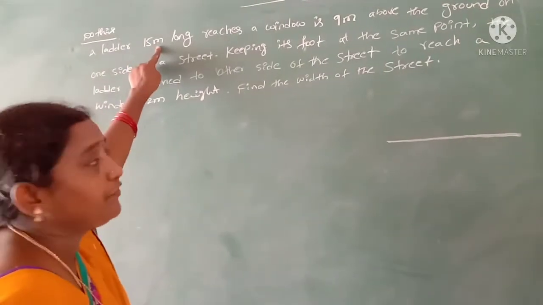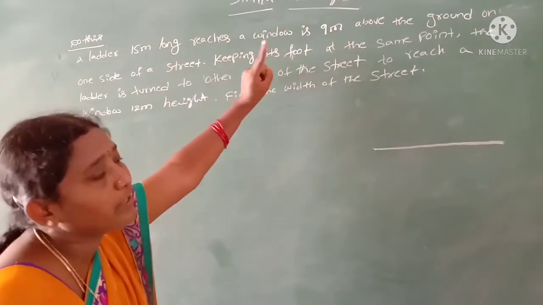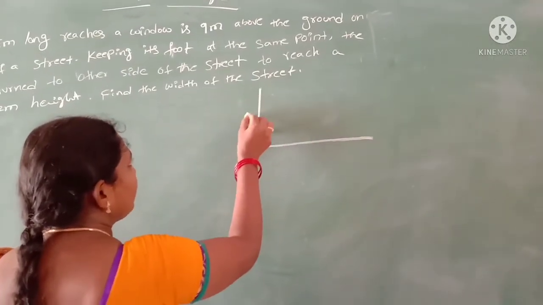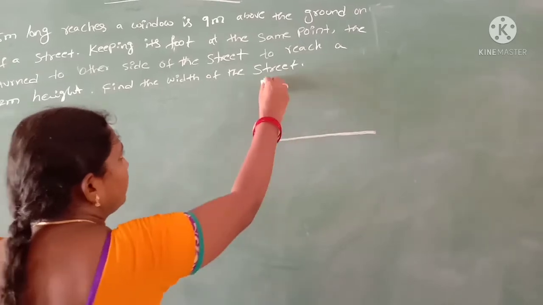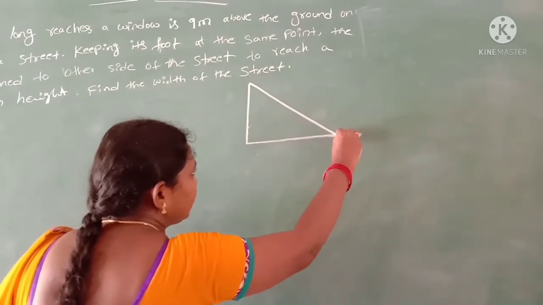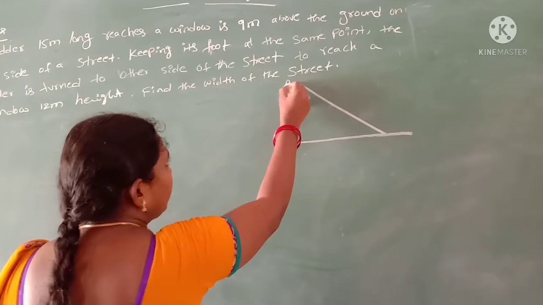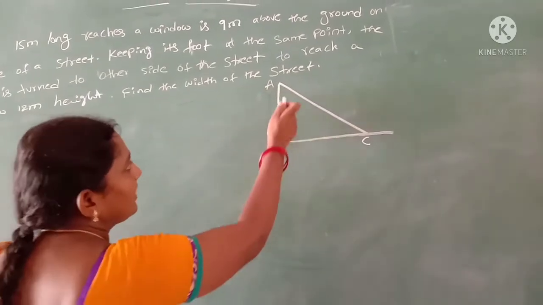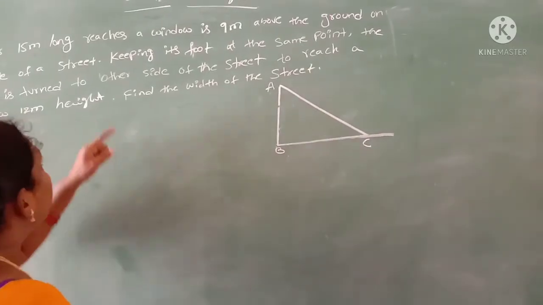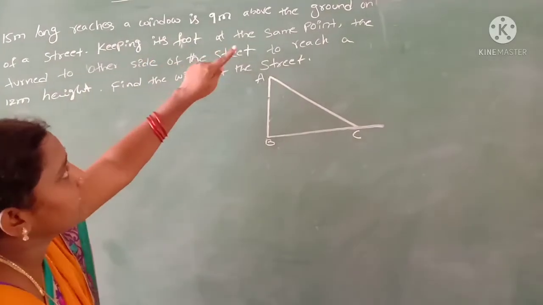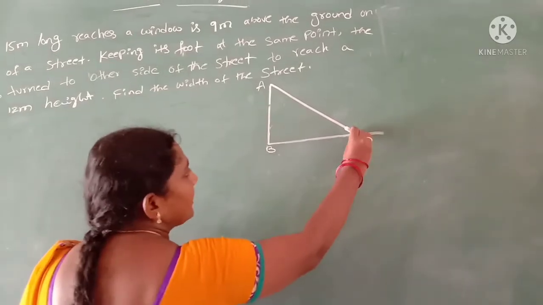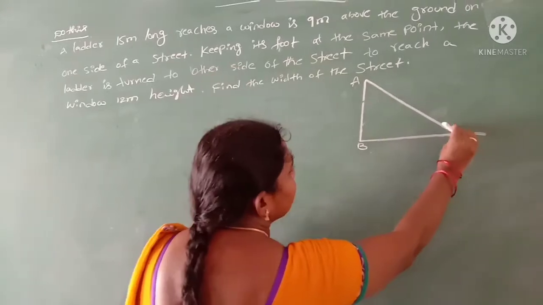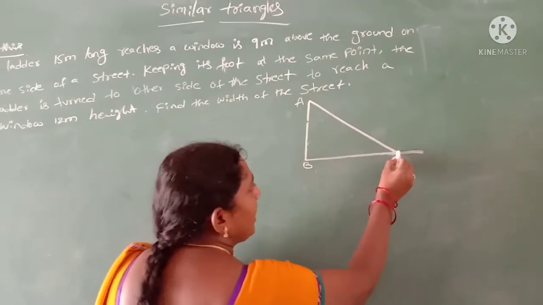A ladder 15 meters long reaches a window 9 meters high. So first window 9 meters. This is a ladder. So A, B, C. AB is the window and AC is the ladder. Next, keeping its foot at the same point, the ladder is turned to the other side.